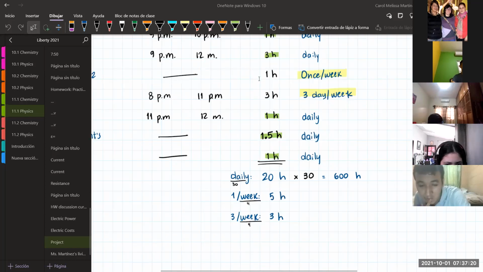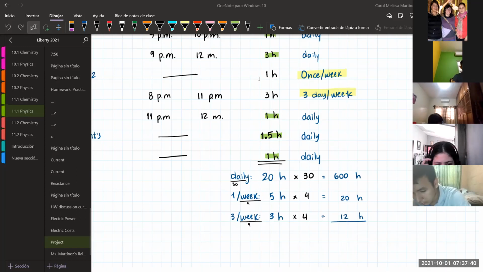En el mes hay 4 semanas, entonces estas horas que son semanales las vamos a multiplicar por 4. Because we want this to be very accurate. Esto me va a dar 20 horas y es... ¡Ay! Cerré esta vaina. Y esto me va a dar 12 horas. Entonces aquí sí me va a dar el total. Sería 632 hours.